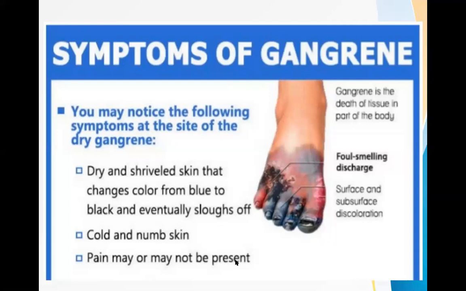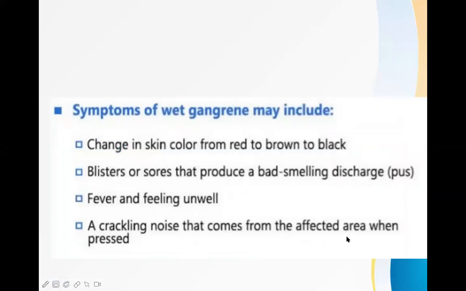Ischemic pain may be a feature of gangrenous changes quite early. When the area is completely dead, there may not be any pain because everything is dead at that site. But during the process, in the beginning, there may be pain. So these are the common symptoms.